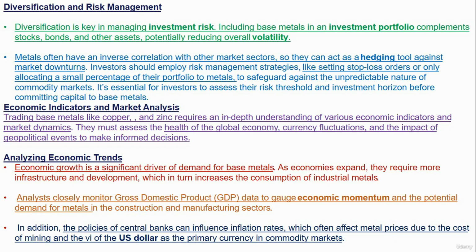Metal has inverse correlation with other markets, so this can be used for hedging in case we see the market going downtrend, but a trader has to use risk management strategies. He should use stop loss orders, and he should allocate a small percentage in his portfolio to safeguard against the unpredictable nature of commodity markets.